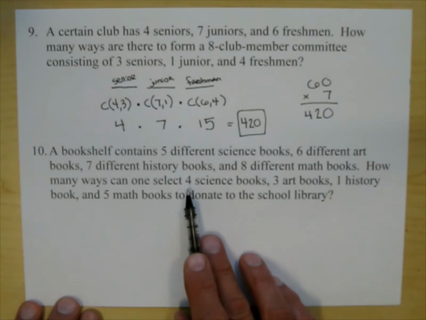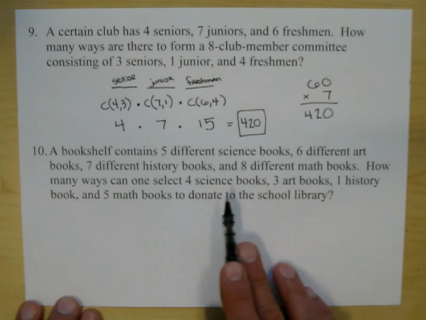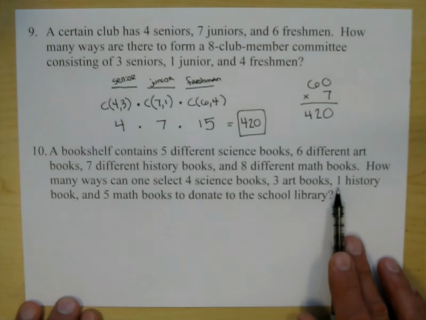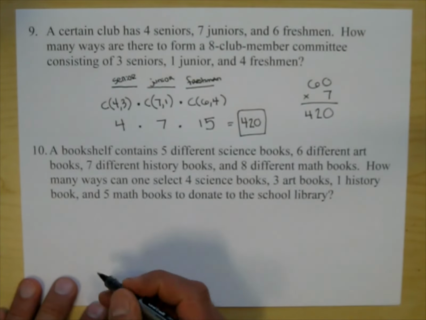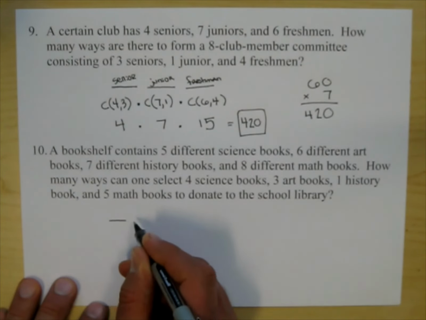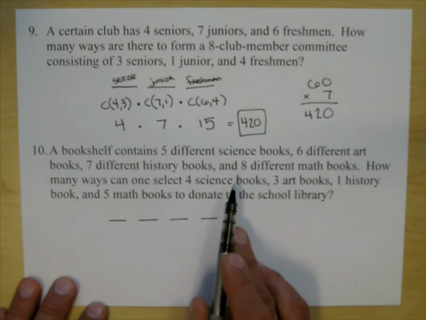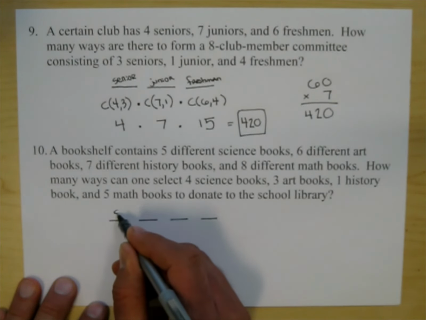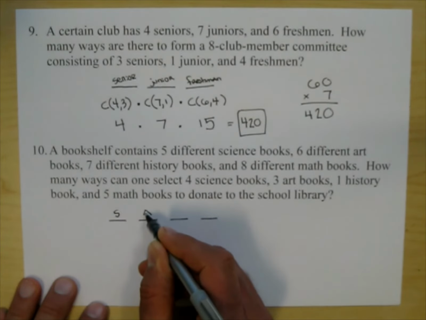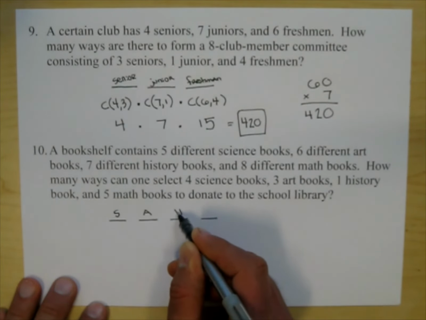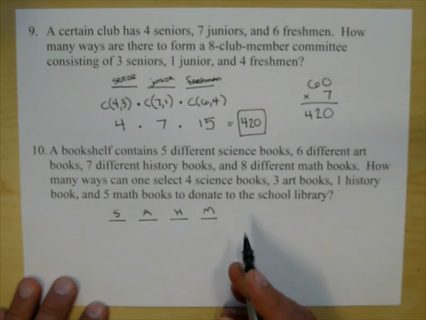Once again, if this 4 had been a 1, and that 3 had been a 1, and that 5 had been a 1, and there's already a 1 there, this would have been a problem from 6.1. But it's not, so I'm going to go ahead and put 4 slots. Why? Because now there are 4 groups of things. We have science books, art books, history books, math books.